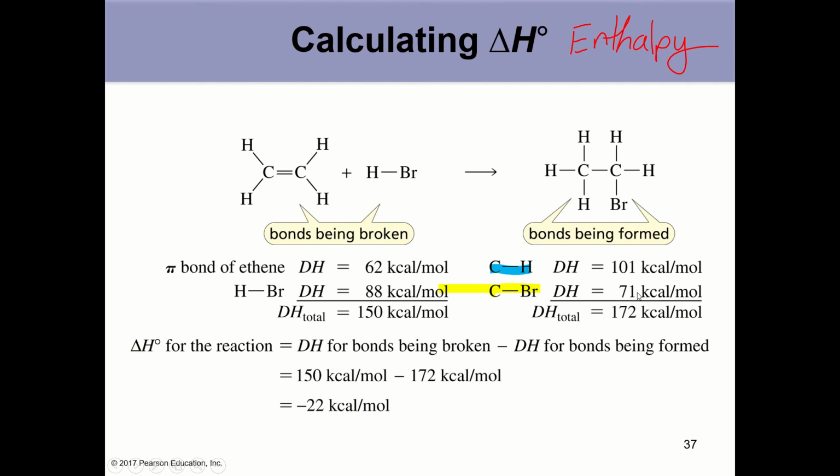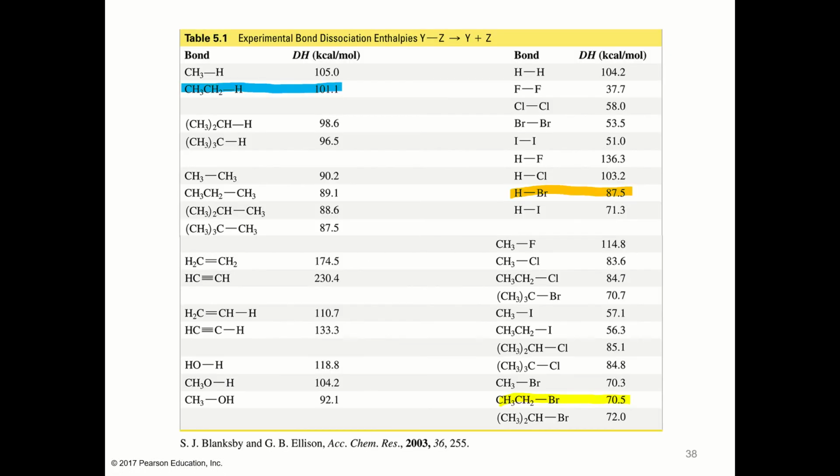Again, they used 70.1 rounding up. In your homework, they probably would not let you round up. So we found the values in the table. You can see the table has many values. Be careful to identify the correct value.